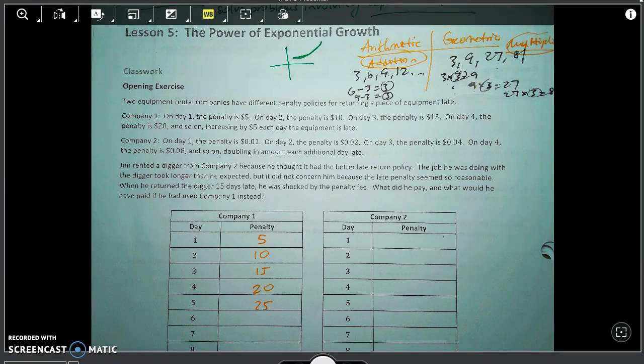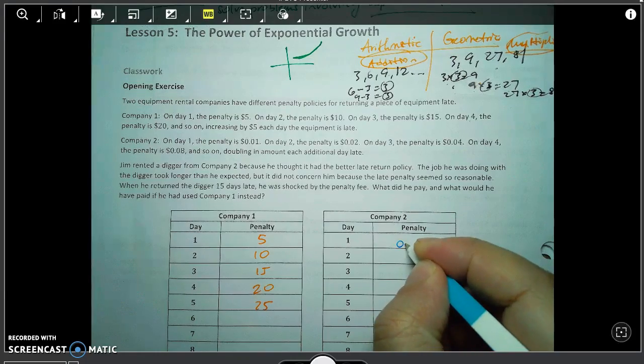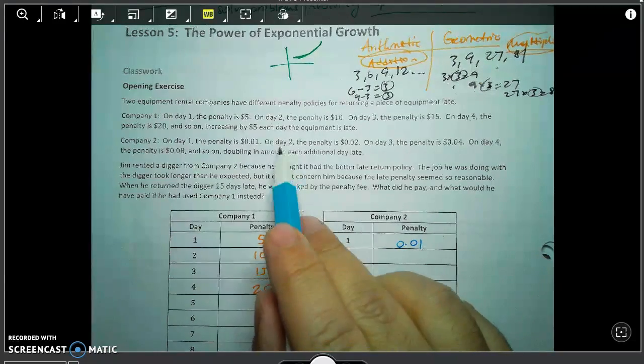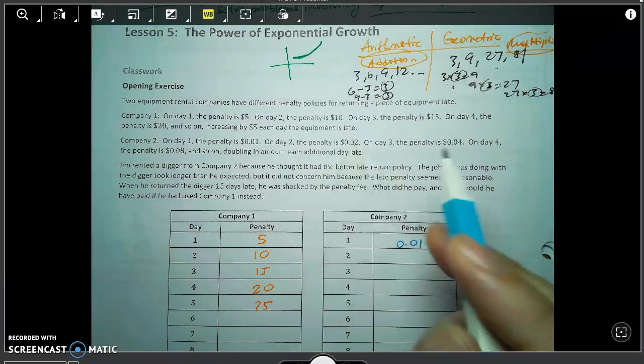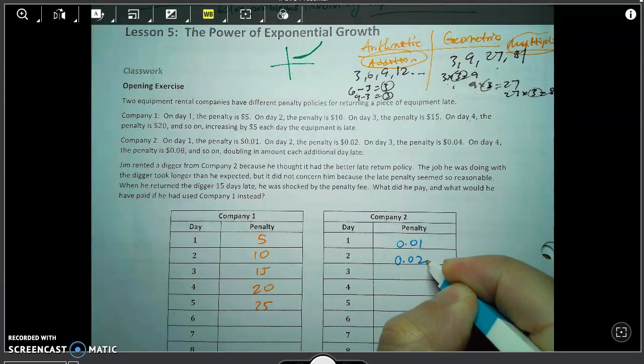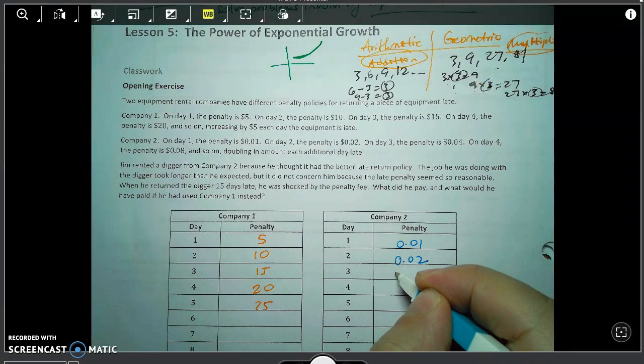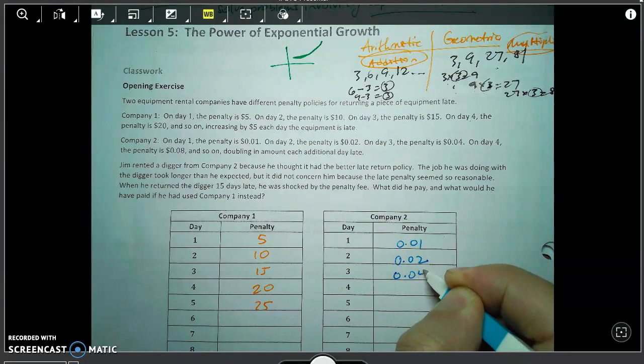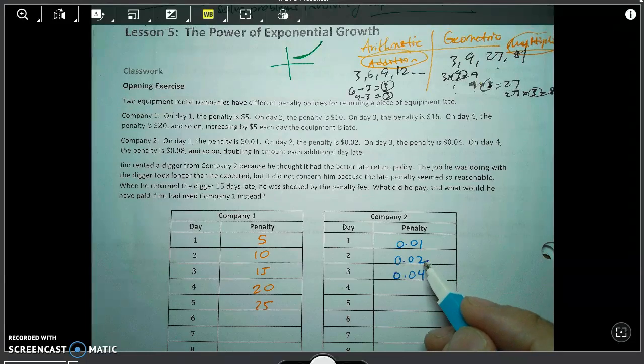For Company 2, it's a bit different, because the penalty for day 1 was 1 cent. For day 2 it is 2 cents. Day 3 is 4 cents. So notice that it doesn't go 1, 2, 3, 4.